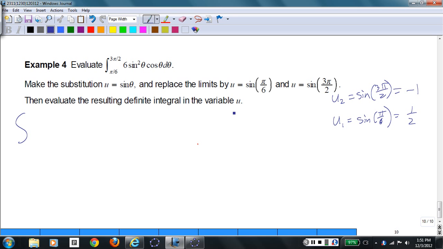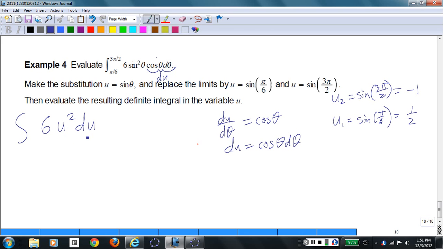u equals sine theta, so du d theta equals cosine theta, so du equals cosine theta d theta. So there is du right there. And sine theta is u, so this looks like 6u squared du.